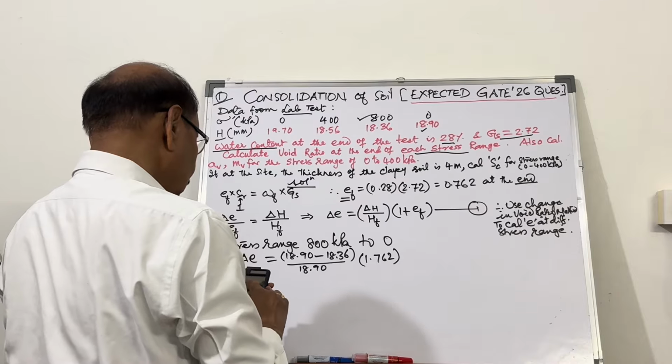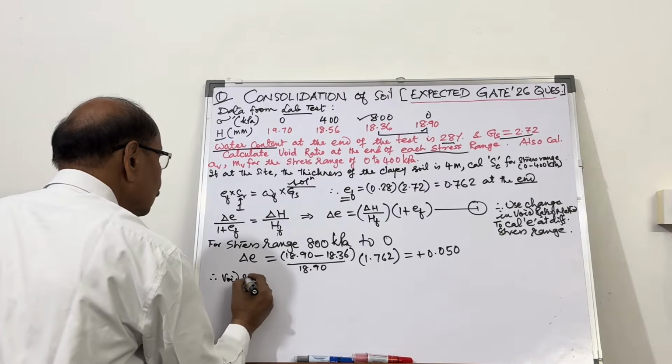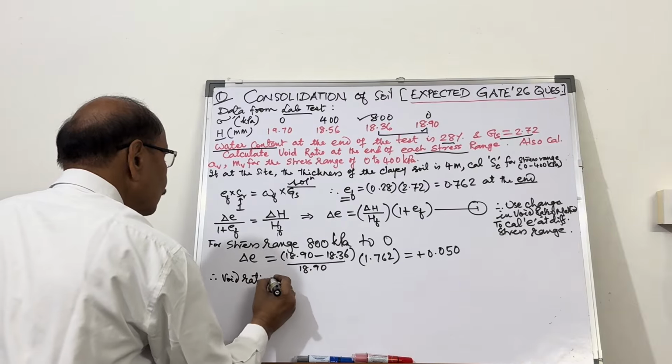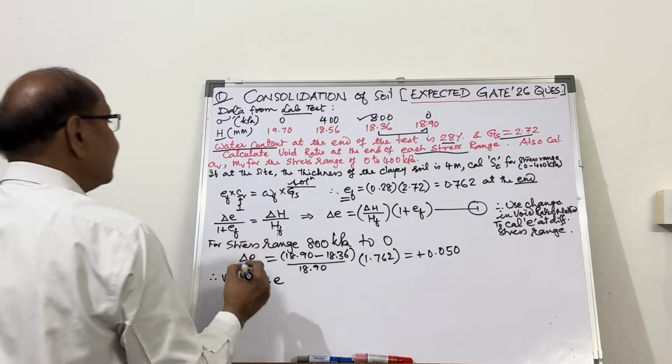So, what is the void ratio? Therefore, void ratio E, calculate the void ratio at the end of each pressure range. So, the final void ratio is already known to us. This is at the end.